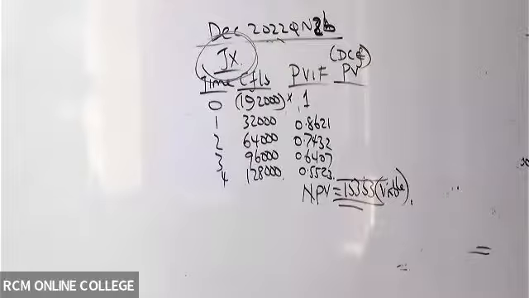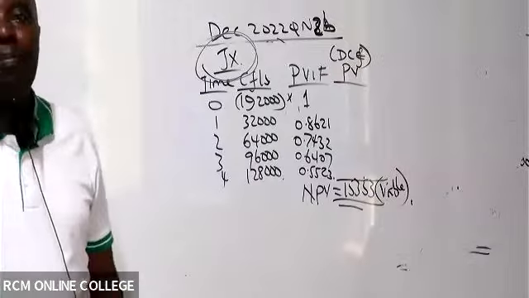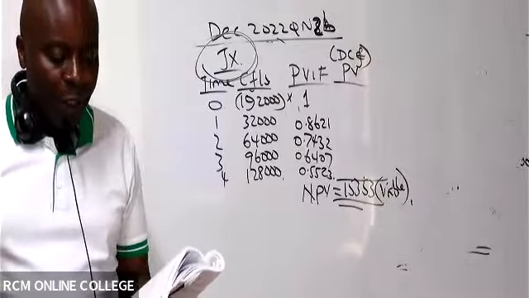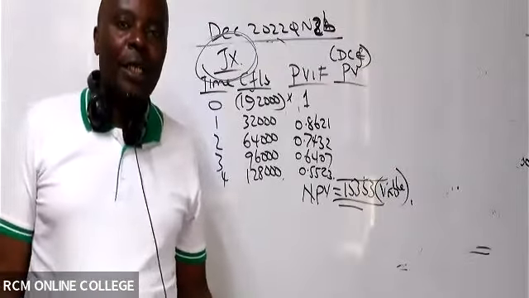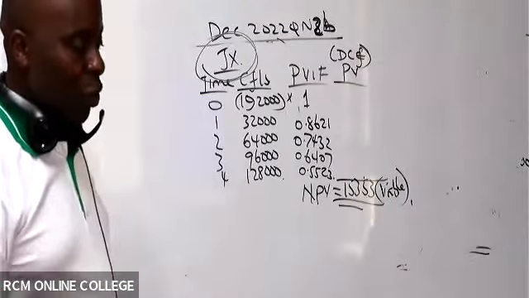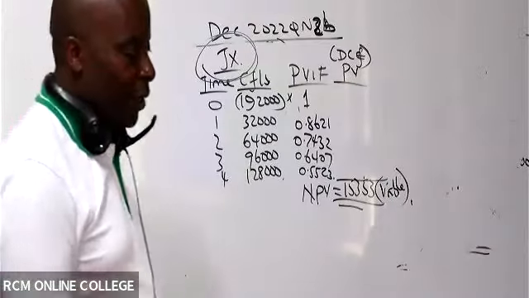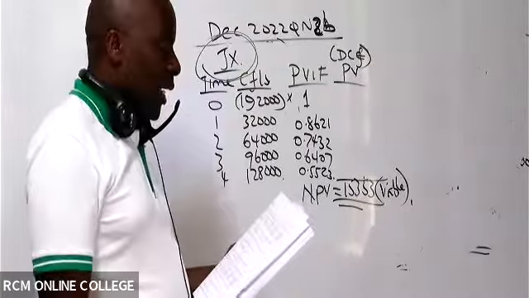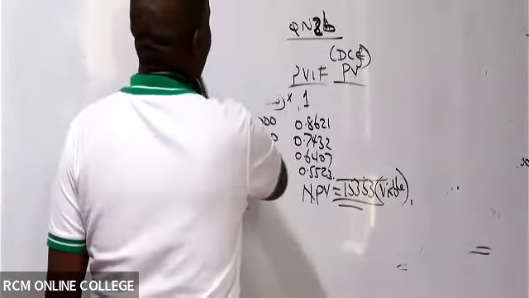So tell us there that accounting rate of return is based on operating profit, which is computed by adding back depreciation to net cash inflows.